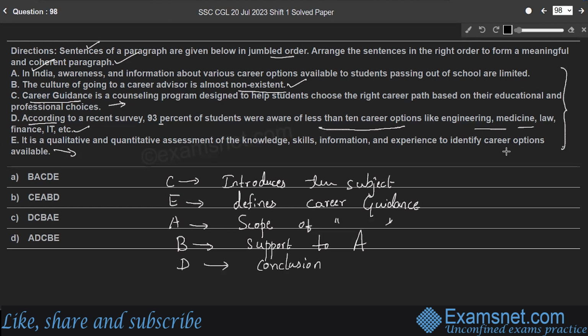Therefore, the order is C, E, A, B, D, so that it forms a coherent paragraph. Option B is the right answer.